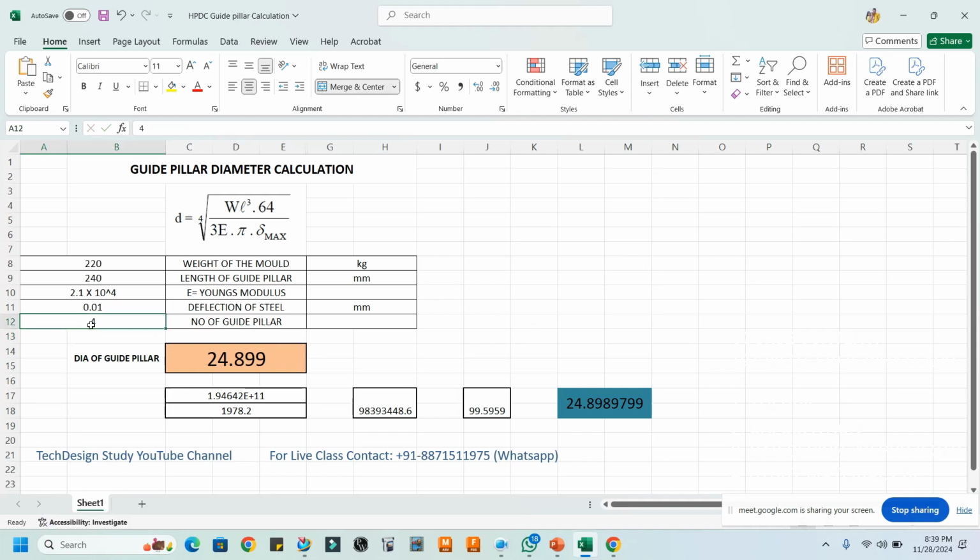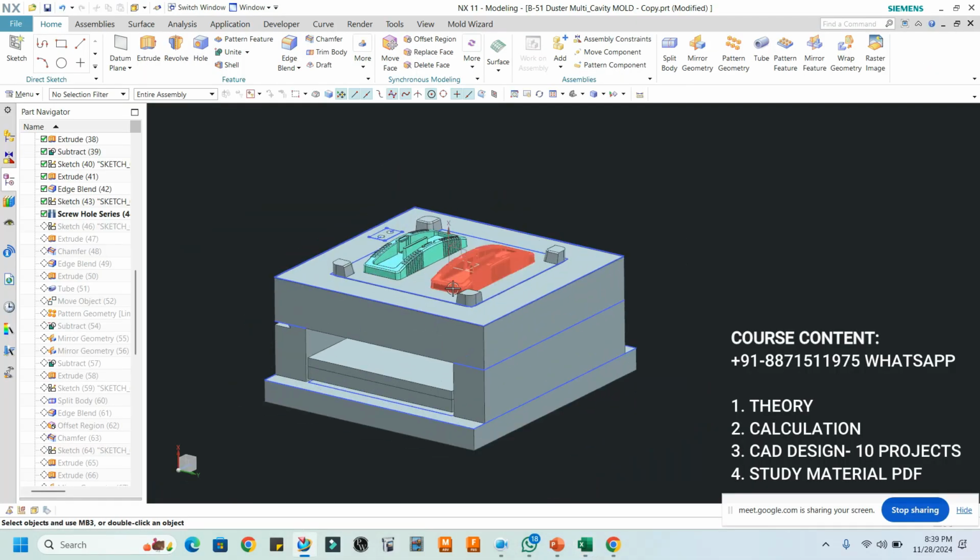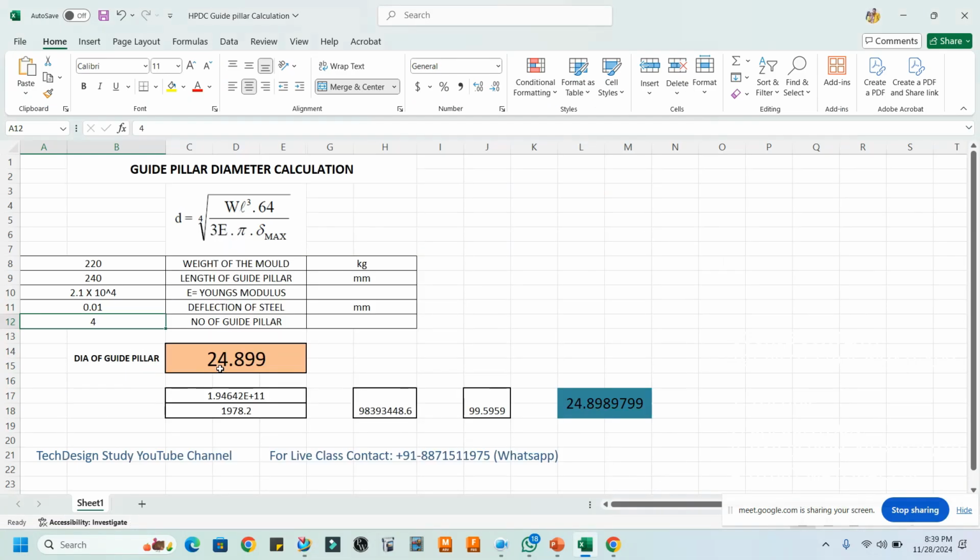Number of guide pillars: we are using 4. For example, for this mold, if we were using only a single shaft, we would have to place it in the center with a diameter of around 99 or 100. But we are using 4 shafts, so we require only 25 mm diameter.